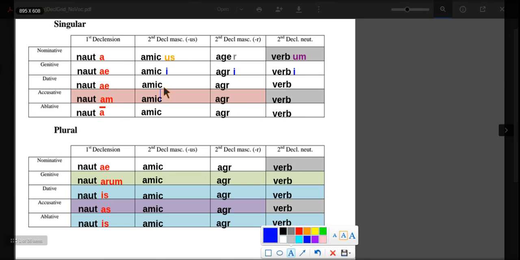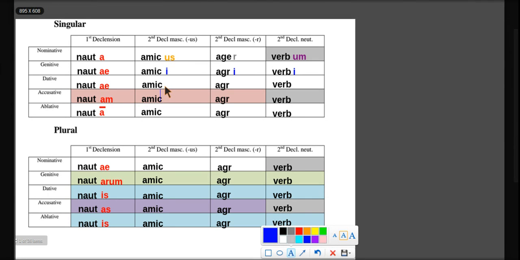Once you have your stem, just like with the first declension, you add your declension endings, and you have your forms. However, the only thing that is different with your second declension is the pattern of endings you will add to your forms. Otherwise, it's the exact same, so you translate the cases the same. They have the same functions in the sentence.